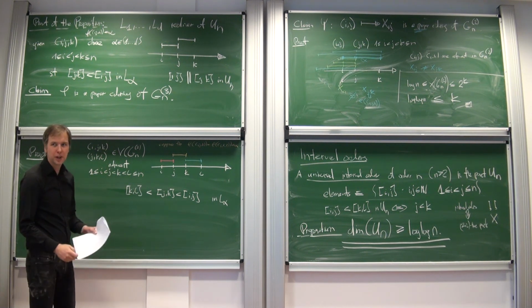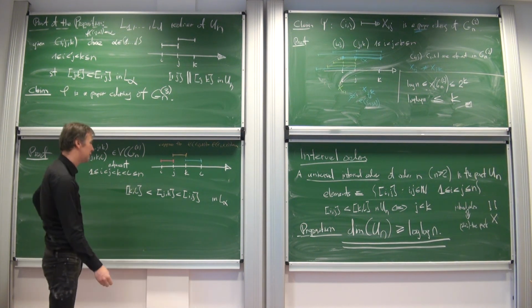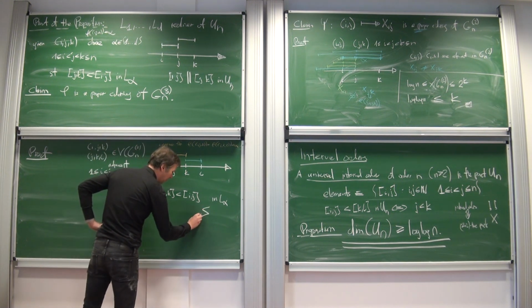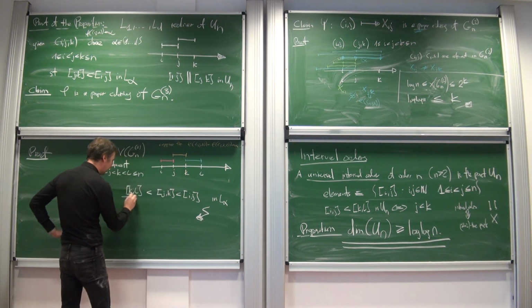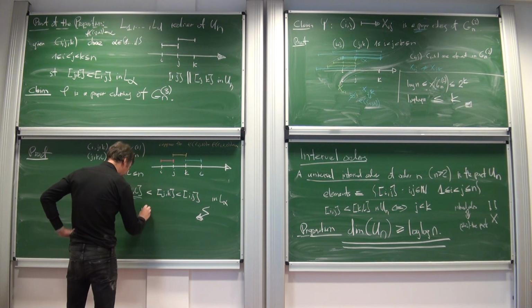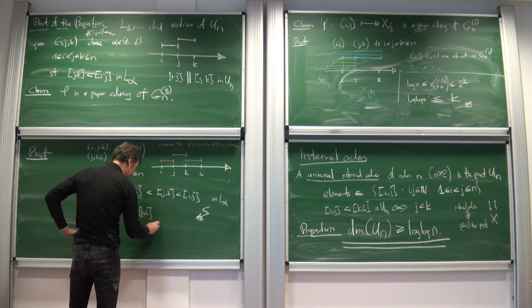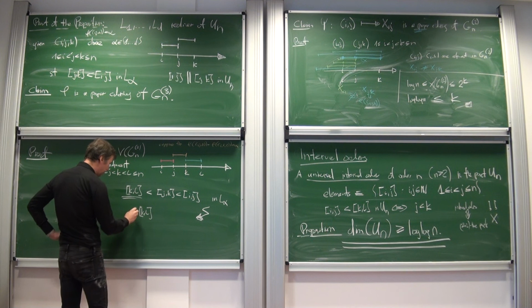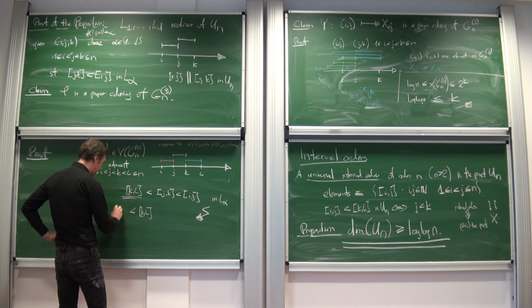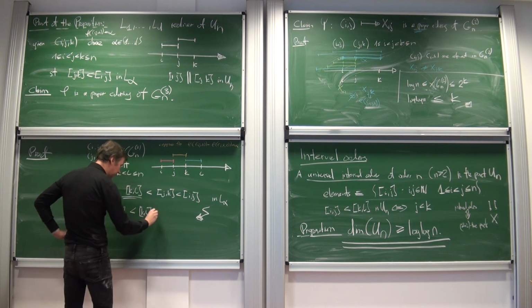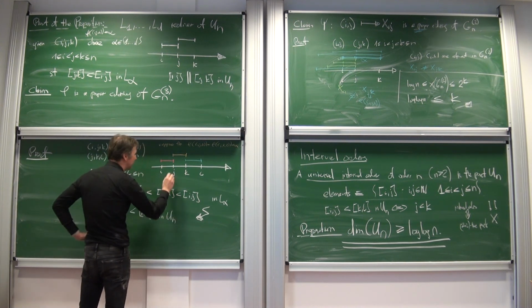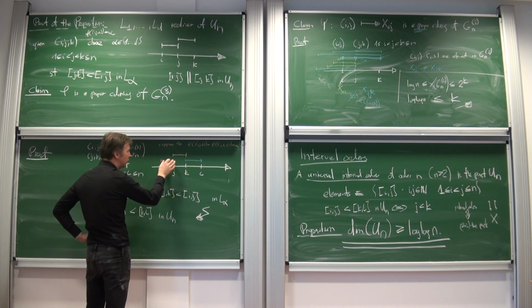Do you see a problem with that? There is a clear problem. Well, kl is actually above ij in the poset. This is ij, this is kl.